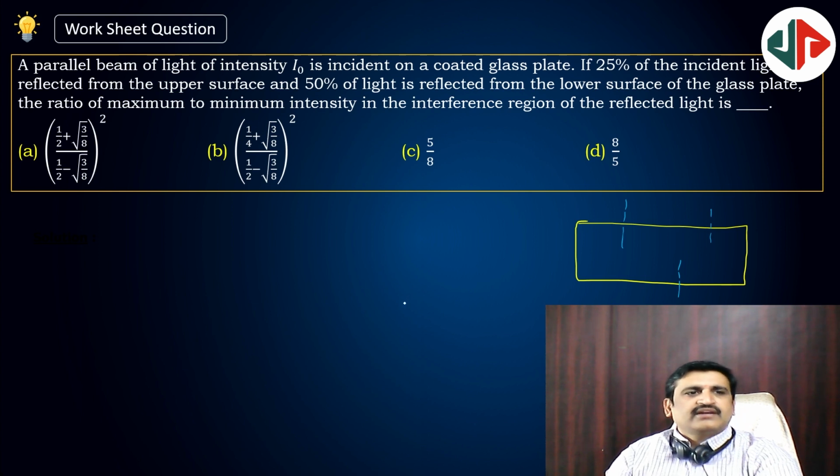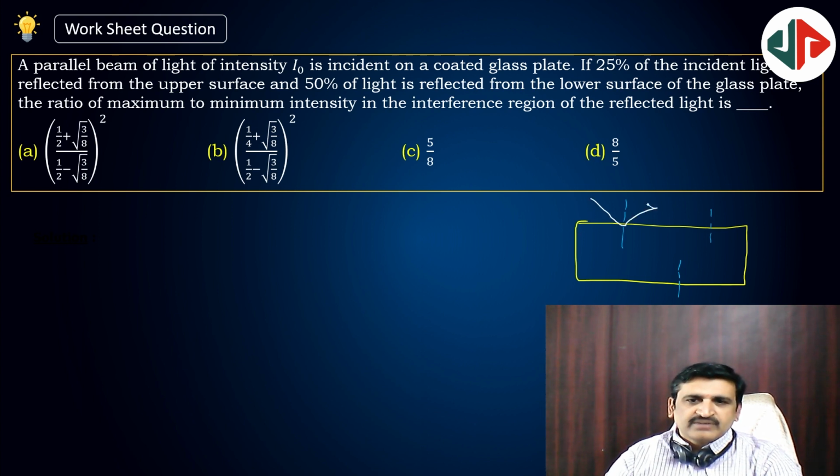A parallel beam of light of intensity I0 is incident on a coated glass plate. If 25% of the incident light is reflected from the upper surface, the remaining will fall here. In this, 50% is reflected at the bottom surface, the lower surface of the glass.